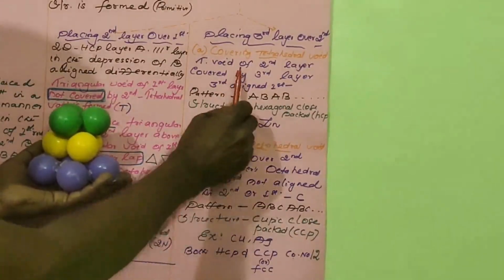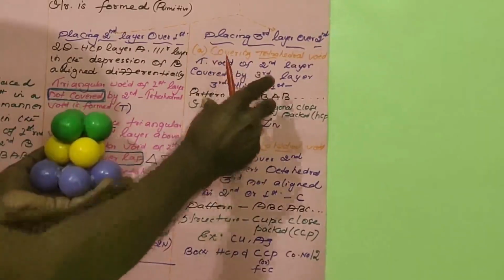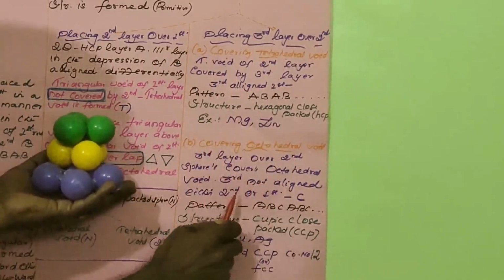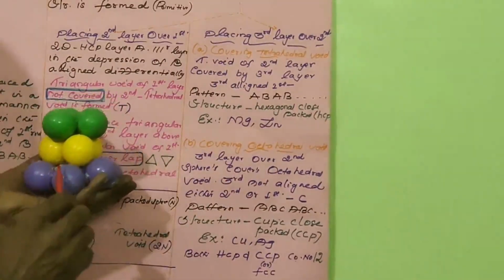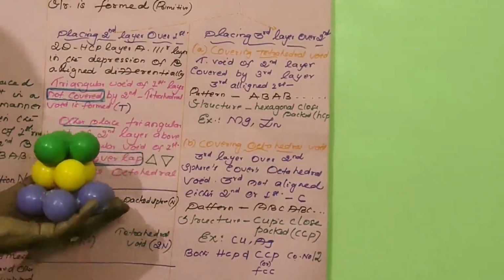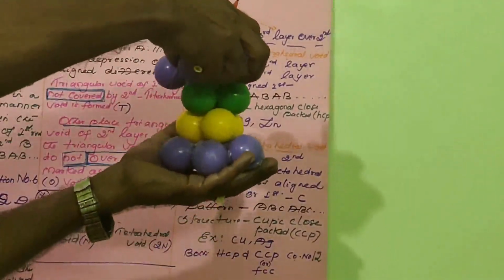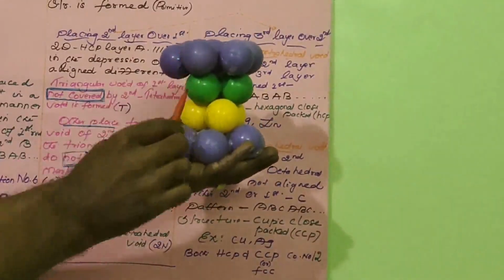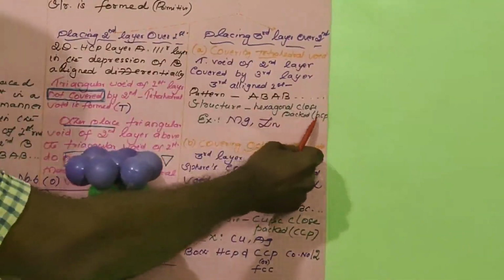Here the third one is not aligned with either second or first, but it is aligned with the fourth one. So this type of pattern is known as A, B, C, A. The fourth one repeats.